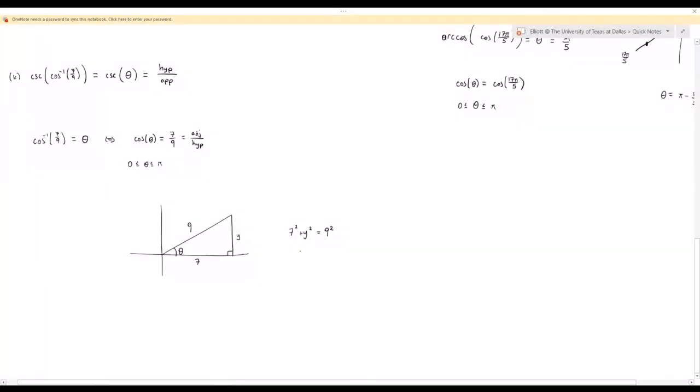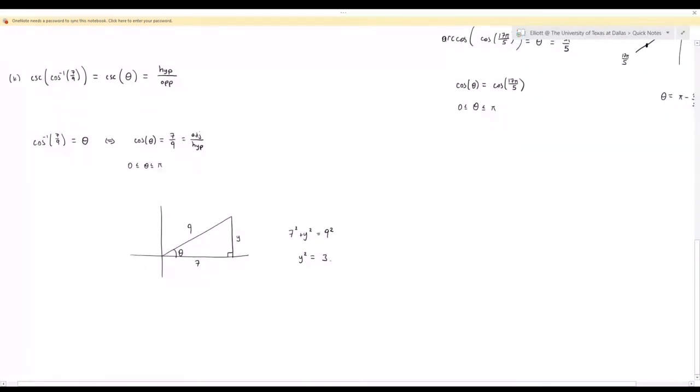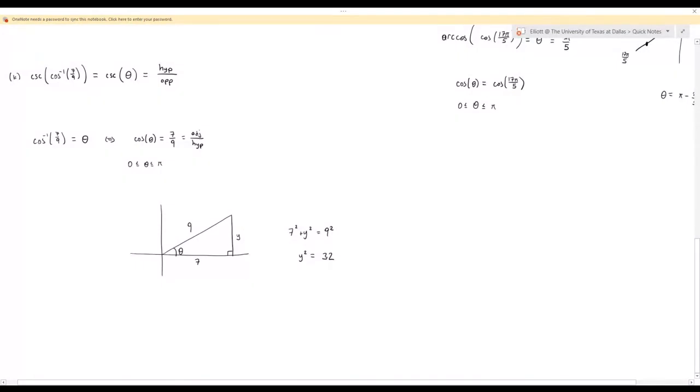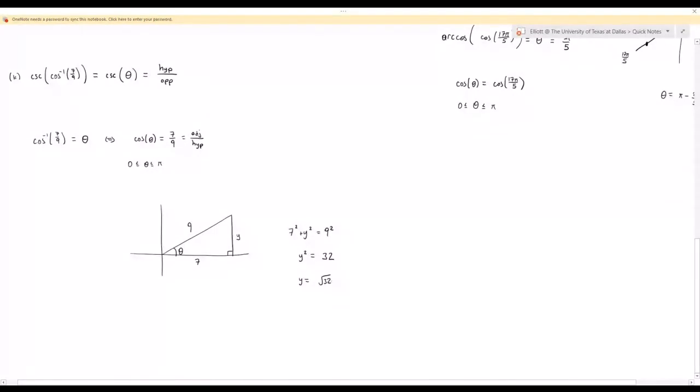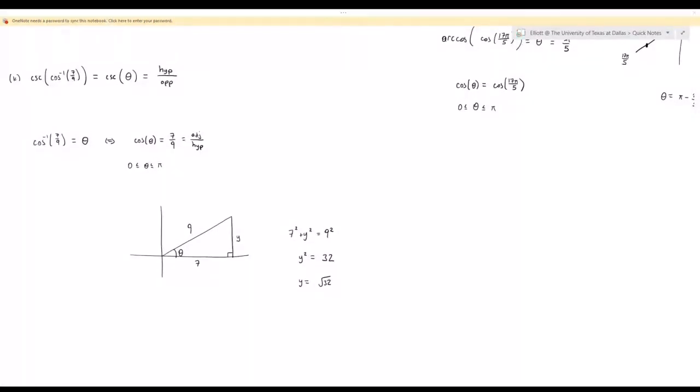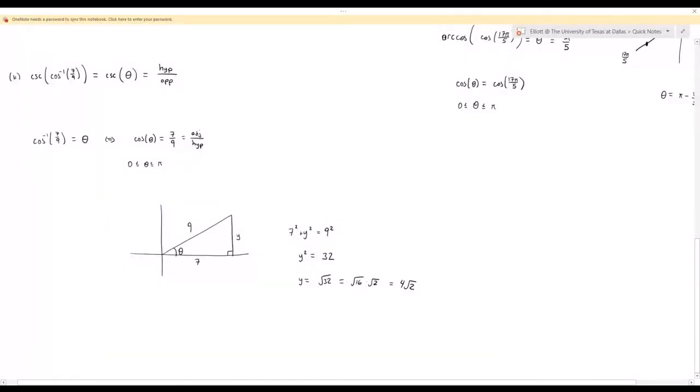So y squared would be 81 minus 49, I think it's 32. And then square root of 32, which you guys simplified as well, can be 4 times square root of 2. Very good.